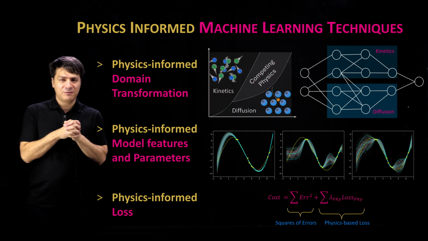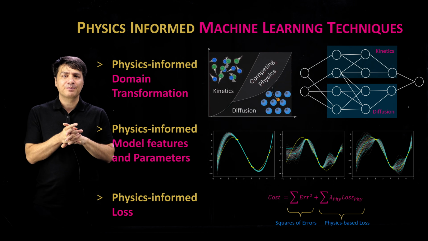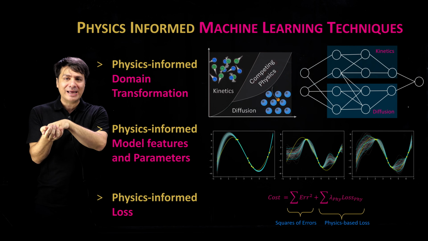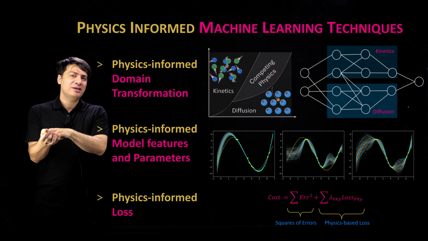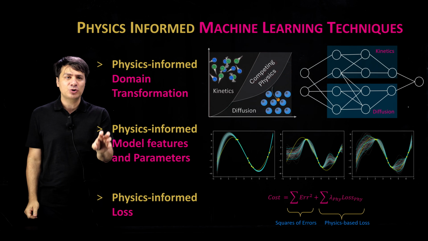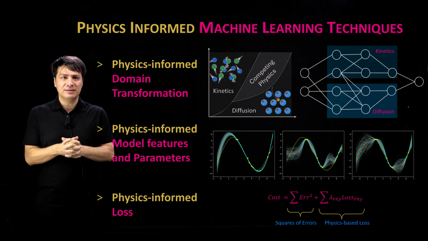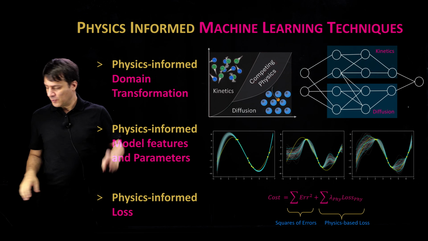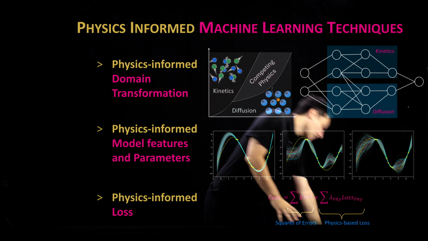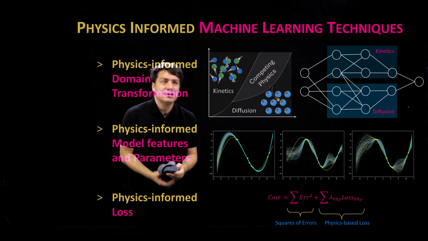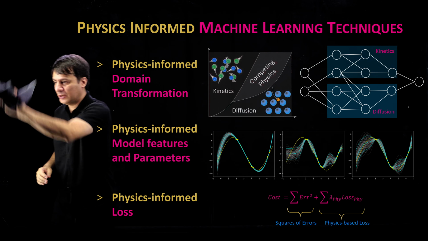On the physics-informed machine learning approaches, which are the add-ons to these traditional approaches, you're going to learn many different techniques. But I have highlighted three main techniques that you're going to see in this course. The first technique is physics-informed domain transformation.